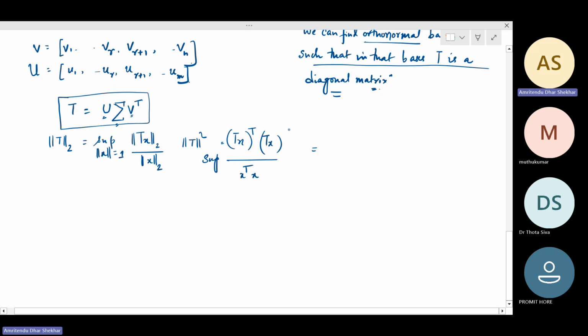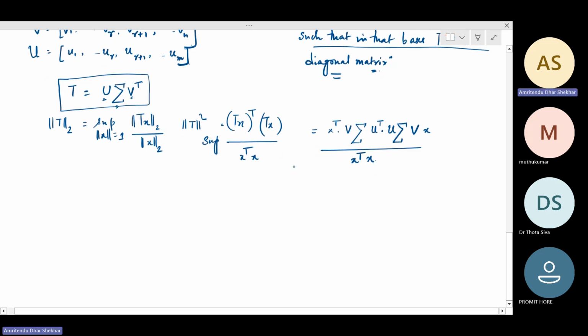So let's plug in some values. This is equal to x transpose, and you take the transpose of this, which is V sigma U transpose, times U sigma V transpose x, divided by x transpose x.